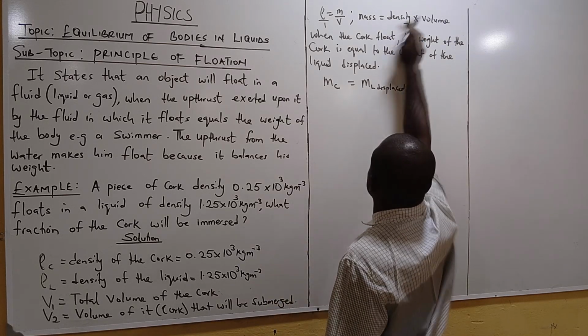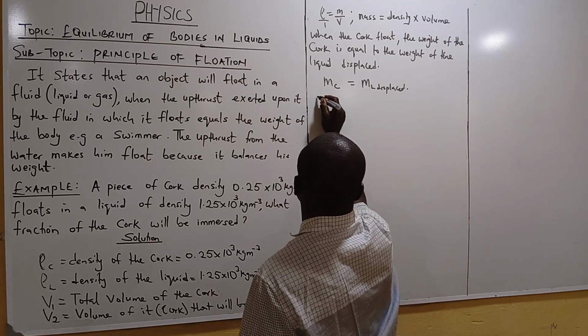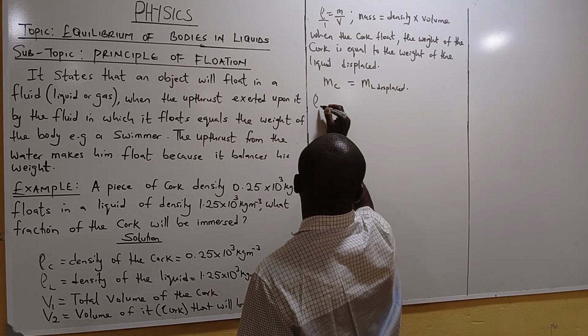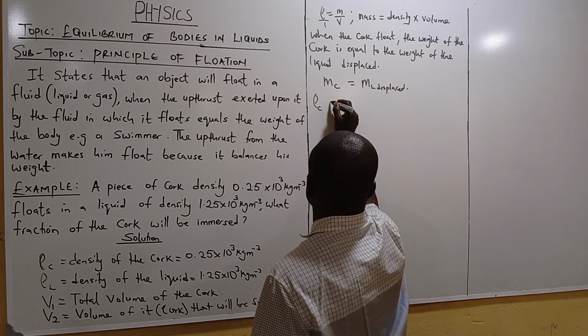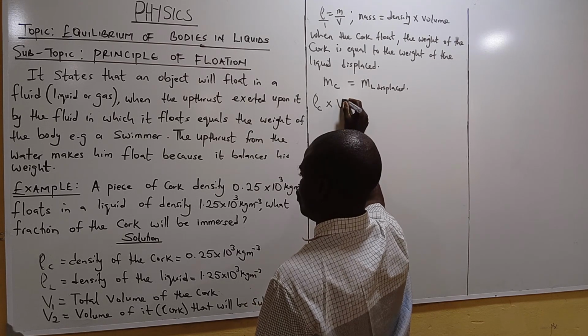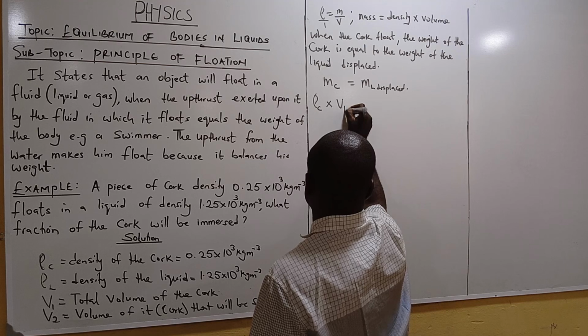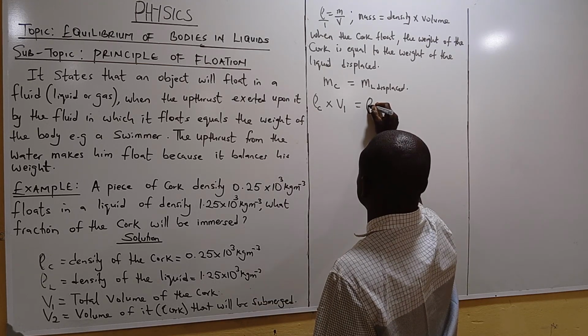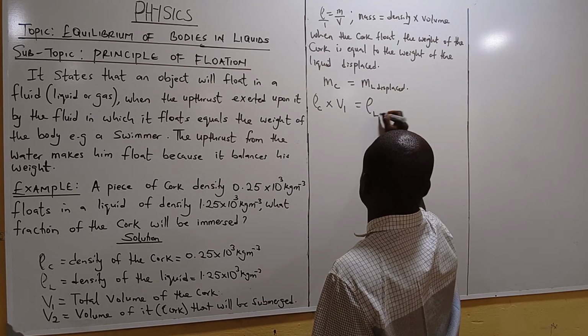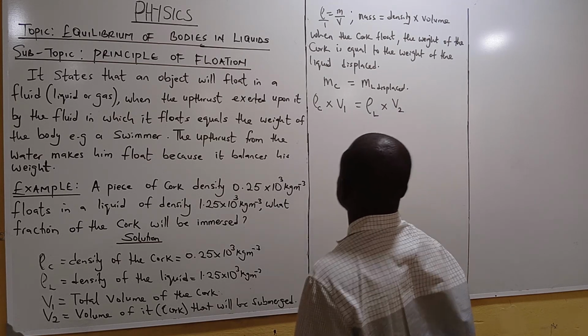Now we are going to use these parameters to represent it, which is density of the cork, is that okay, multiplied by the volume, that is V1, equals density of the liquid multiplied by V2.